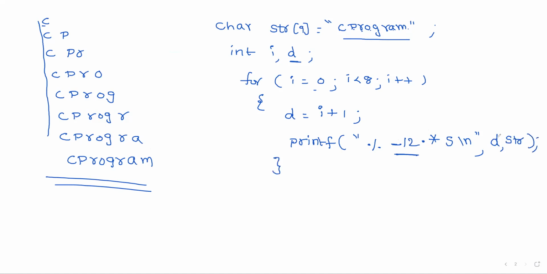What is the meaning of this? First time, the d value is 1, that is %-12.1s, so the first character is printed. In the next iteration, d is equal to 2, %-12.2s, so 2 characters, then 3 characters, 4 characters, 5 characters, and so on.